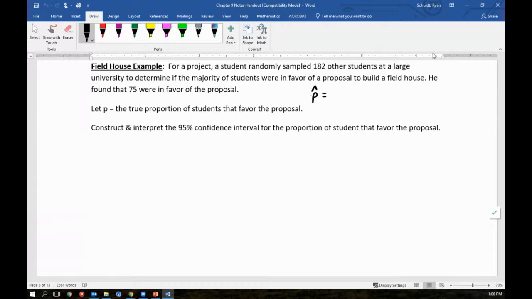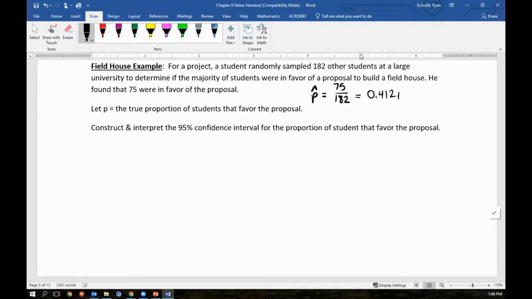What would our proportion be for those in favor? 75 over 182, which is what, to 4 decimal places? 0.4121. Good. So we got our proportion.